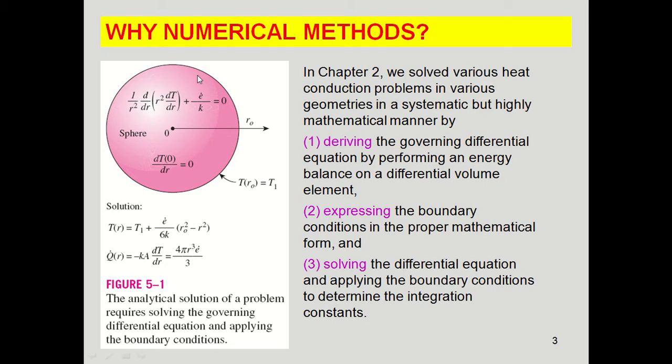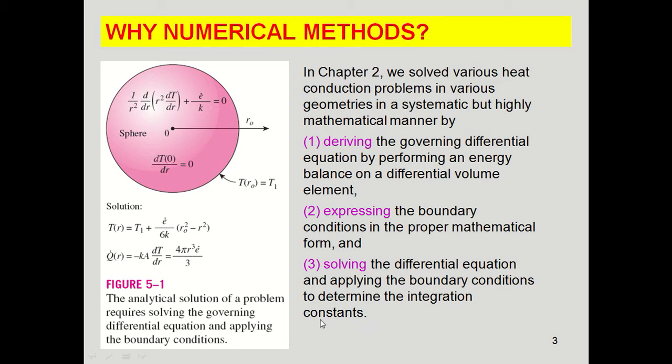After that, we express the boundary conditions in the proper mathematical form. To solve this differential equation, we need to find some boundary conditions, and these boundary conditions will be applied to the governing equation. These governing equations are the generalized heat conduction equations in the Cartesian, polar, or spherical coordinate system. Then we solve the differential equation and apply the boundary conditions to determine the integration constants.